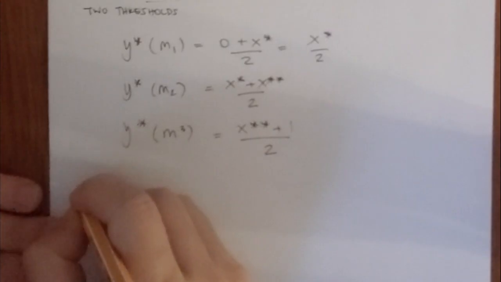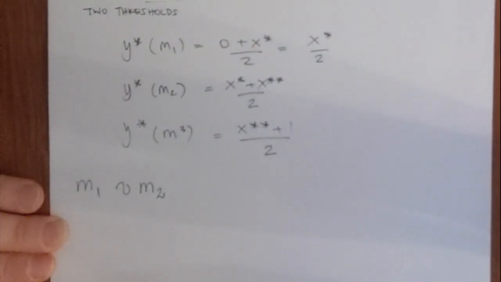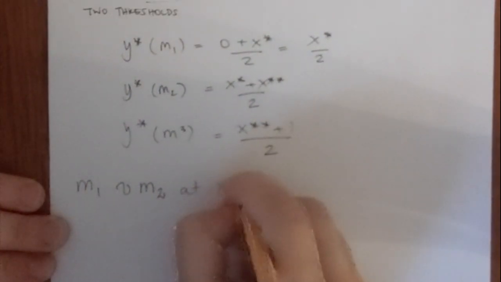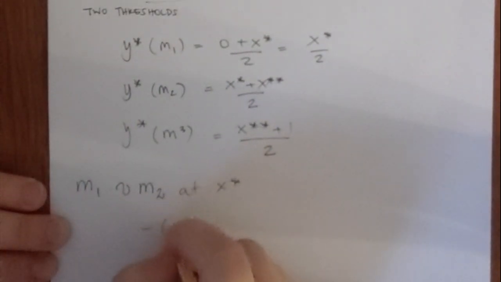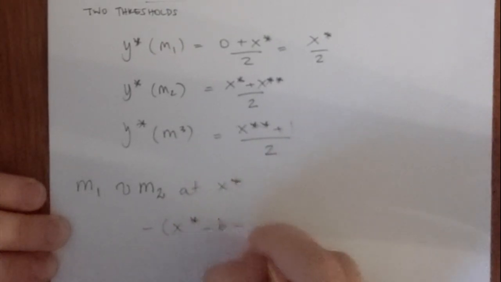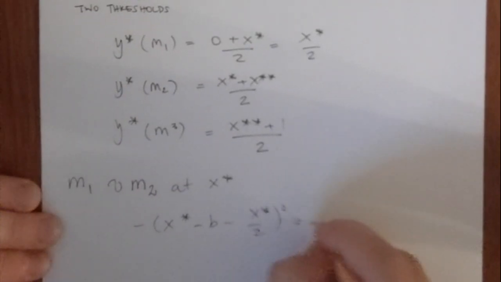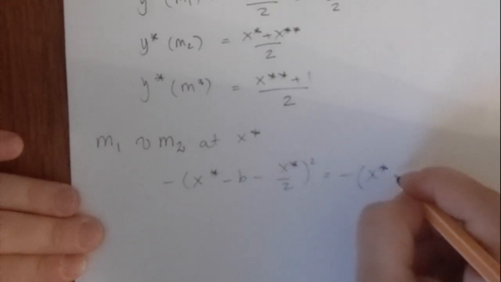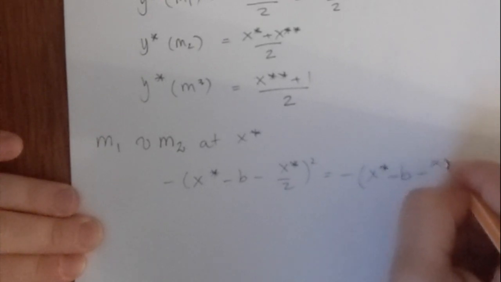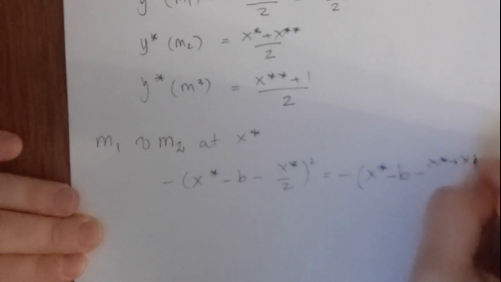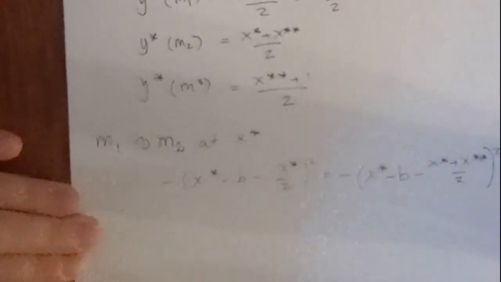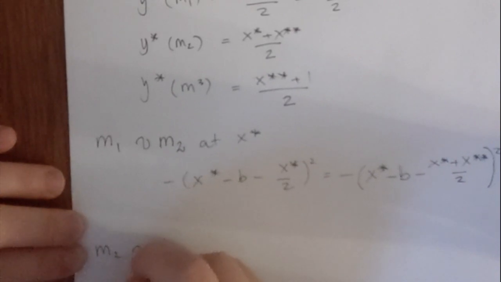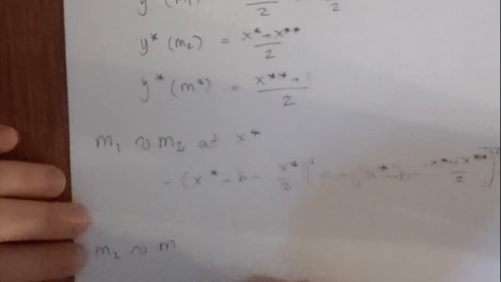So here we go. We're going to assume that there is an indifference point between M1 and M2 at X star, for which we then write minus (X star minus B minus X star over 2) squared equals minus (X star minus B minus (X star plus X star star) over 2) whole squared. Same thing holds for the other threshold.